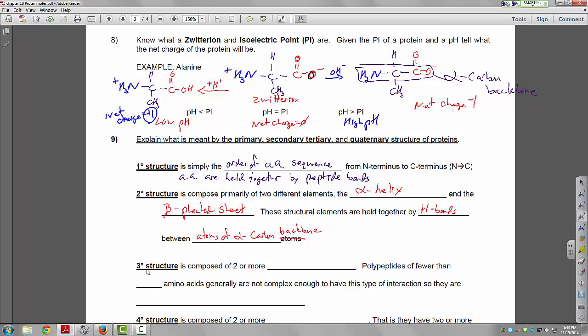Tertiary structures? Well, once you get large enough, you can have 50 amino acids, you can have at least 2 different secondary structures, and these combine to form tertiary structures. So a tertiary structure is composed of 2 or more secondary structures.